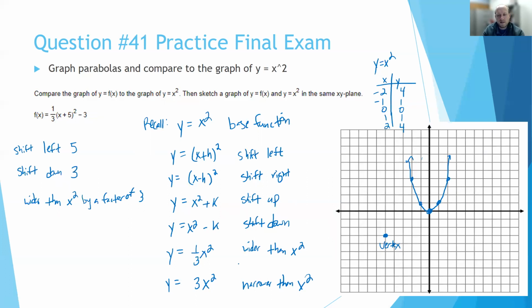Okay, but then what I do here is I do want to find the other points. And really what you want to do is you can either use Desmos or you can make a little table. That's what I would do here: I would look at this and ask, well, what are some x values that could give me nice whole numbers?